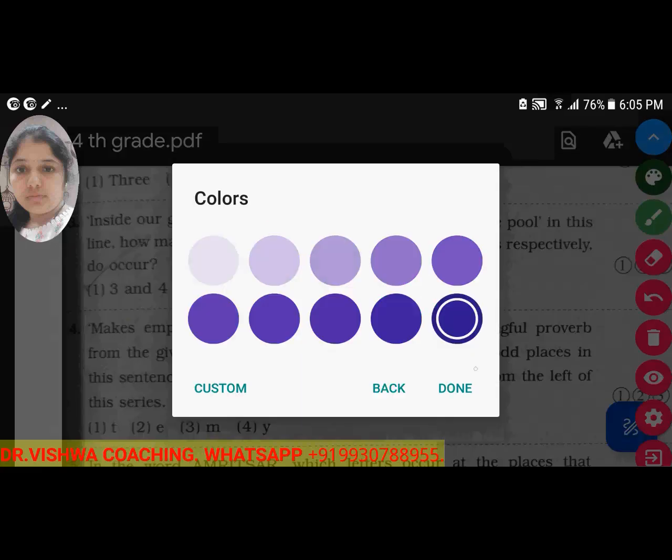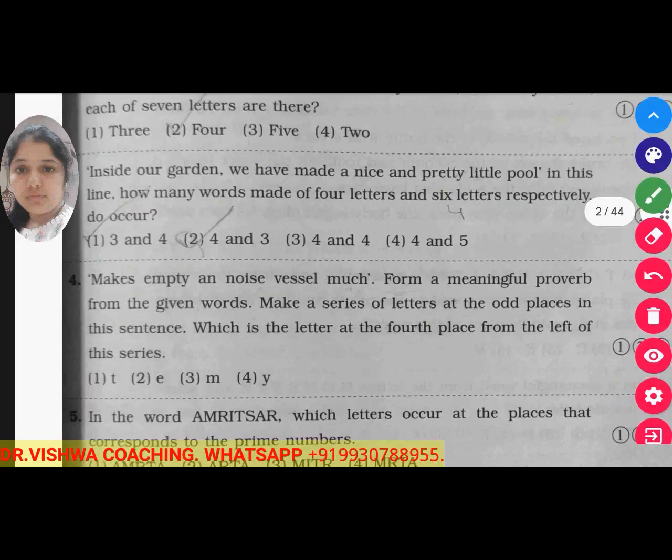Now we will move to the next sum. Make a meaningful proverb from the given words, and make a series of letters at odd places in this sentence, and which is the letter at the fourth place from the left of this series.